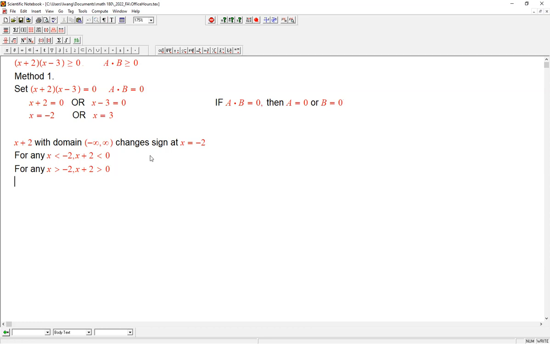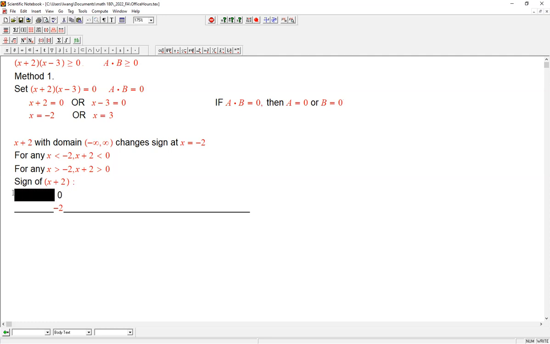For this reason, we set up this number line. On this number line, there's a point at negative 2. So we will consider the sign of X plus 2. When X is equal to negative 2, X plus 2 is 0.